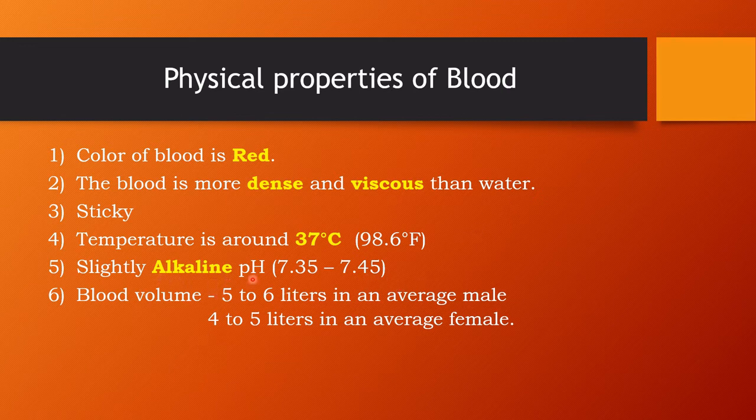So slightly alkaline because the pH is greater than 7. Blood volume 5 to 6 liters in an average male and 4 to 5 liters in an average female. And we have seen in second slide, that about 7% of body weight is due to blood.